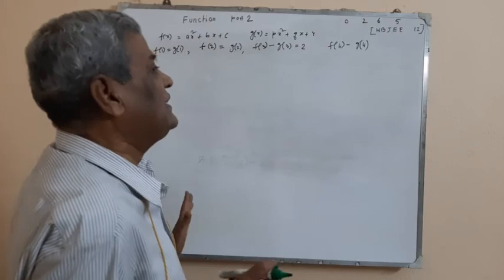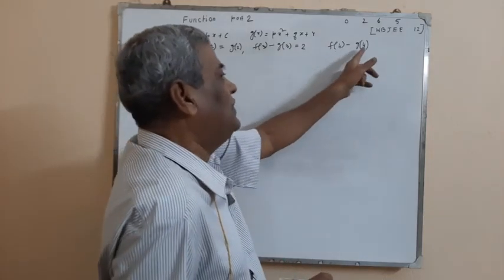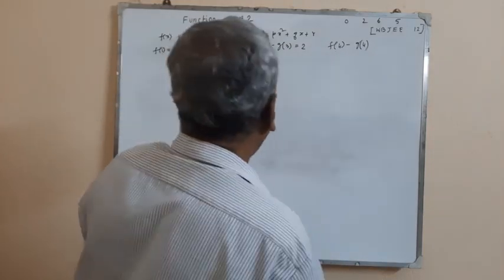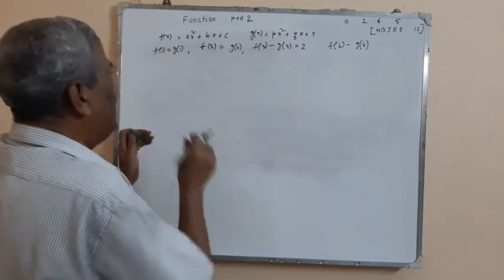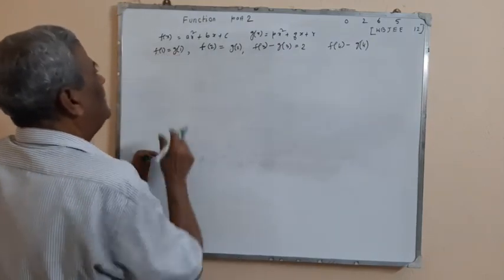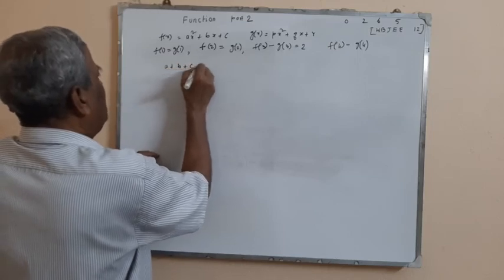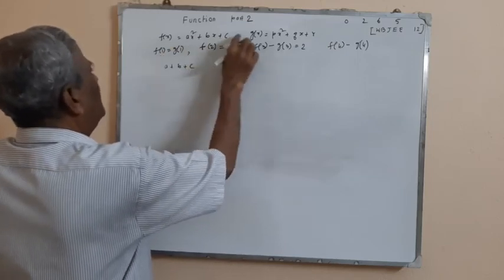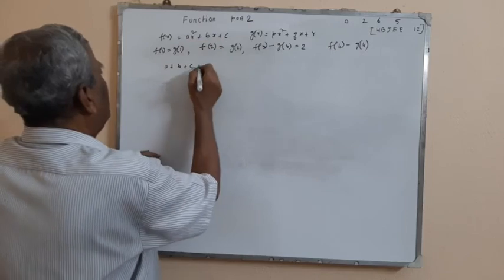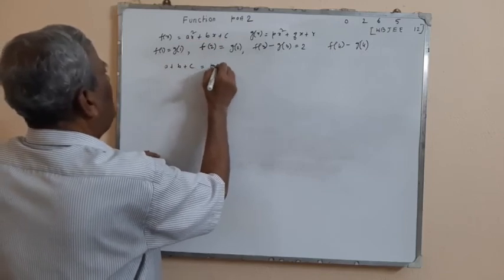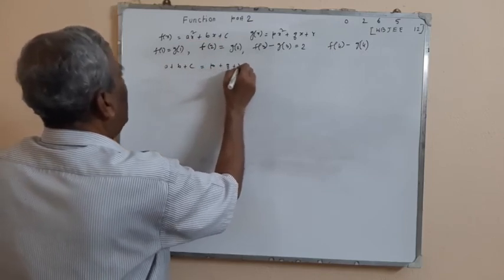We have to find 6 unknowns to find the value of this and that. So f(1) is equal to g(1). Put 1 over here: f(1) = a + b + c, and g(1) means p + q + r.